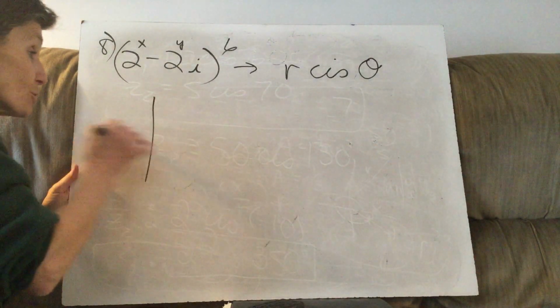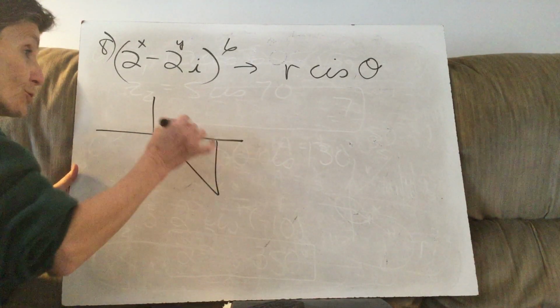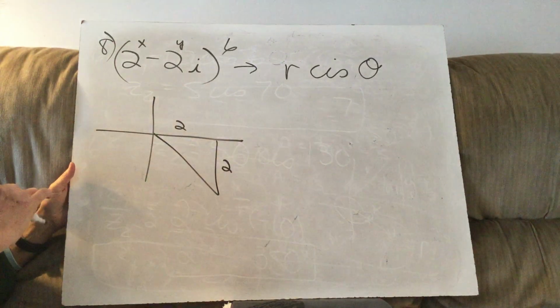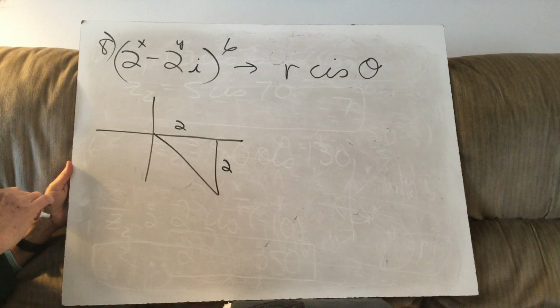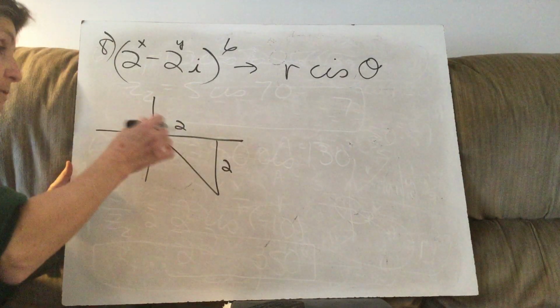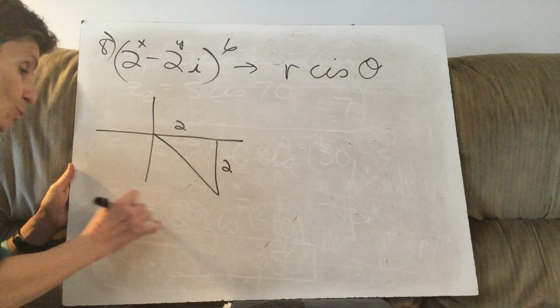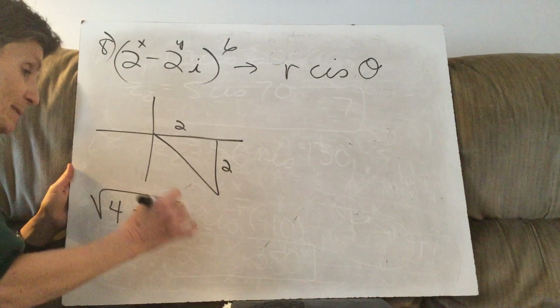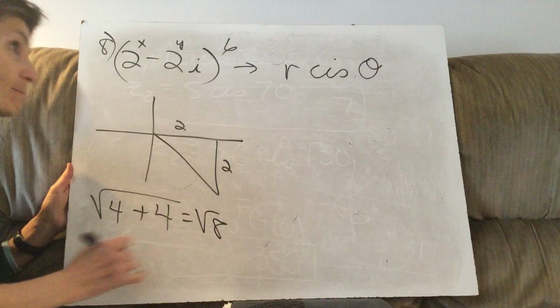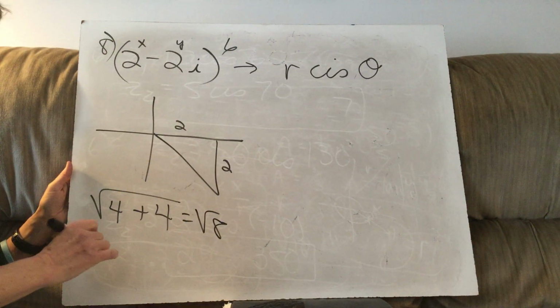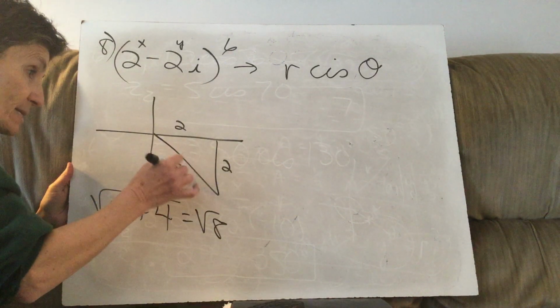So we'll draw 2 minus 2i. Over 2, down 2. We'll do the Pythagorean theorem, or square the first one, square the second one, add them together and take the square root. So this is the square root of 8.